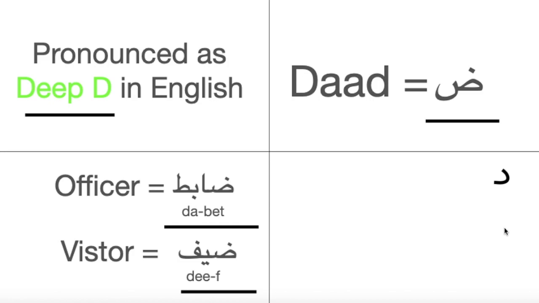How you write Dad? If you learn how to write Sad, that will be very easy for you because it's like Sad, but the only difference, you will add one dot on the top. That's it.